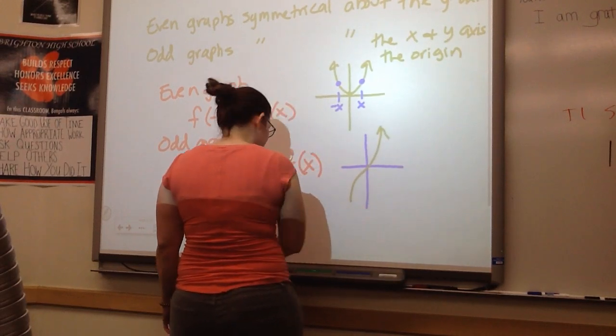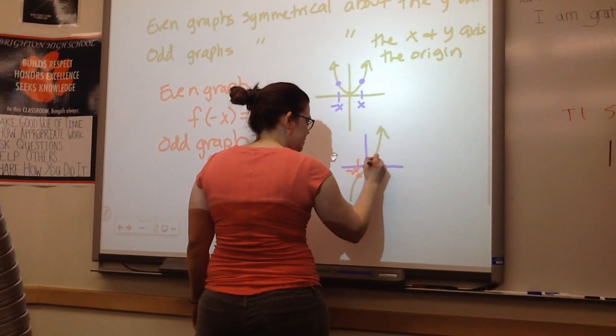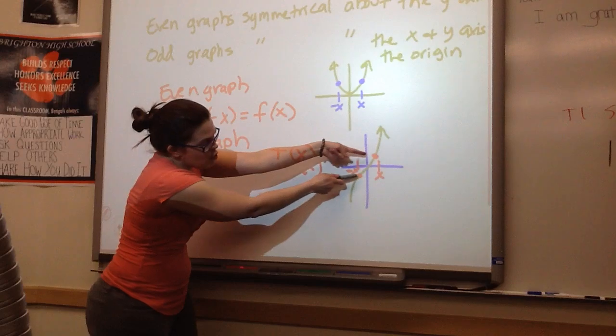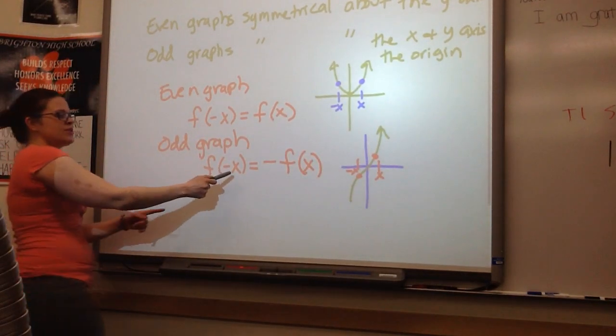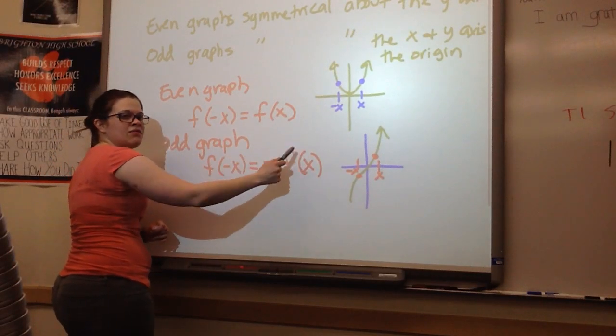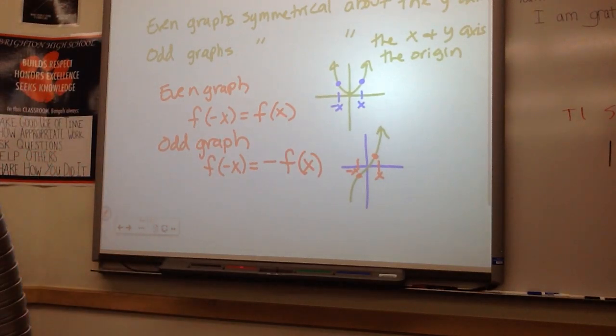There, that'll look nice and done. You see how at positive and negative x, this is the same y value, but one is positive and one is negative, right? So that's what this part is saying. You plug in negative x, and you get the opposite of f of x, right? So the opposite sign. Okay.